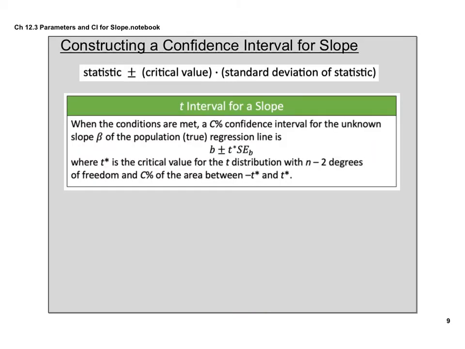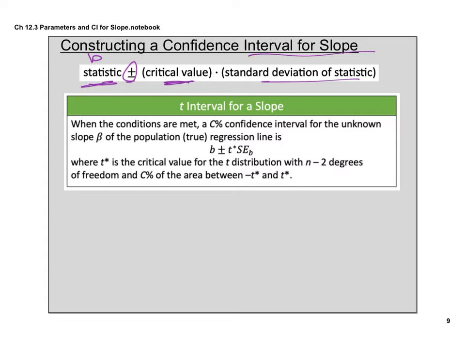All right, so then let's just give our definition here. We're going to get into constructing a confidence interval for these things. So remember that a confidence interval comes from whatever our statistic is. So that's going to be the b value because we're doing inference for slope. Then you take that plus or minus the critical value times the standard deviation of the statistic.